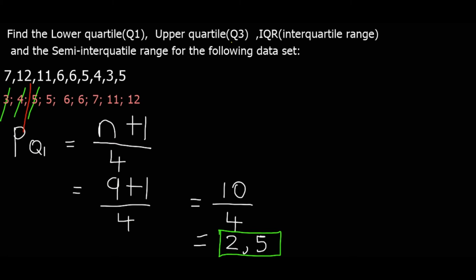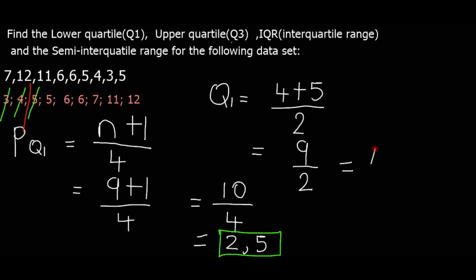Therefore, to find Q1, Q1 is 4 plus 5 divided by 2, because it is in the middle of 4 and 5. So we have 9 divided by 2, which is 4.5. So this is our Q1.